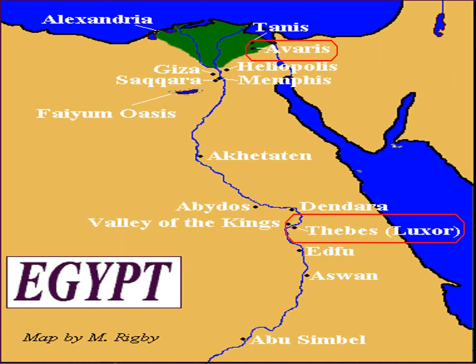So this is for the geography fans out there who want to know where Avaris and Thebes were located. Avaris is in the northeast section of Egypt, by the Mediterranean, in an area that would have been heavily involved in trade, with all the areas to the east, to Canaan, and to the areas more to the northeast that go off the map.